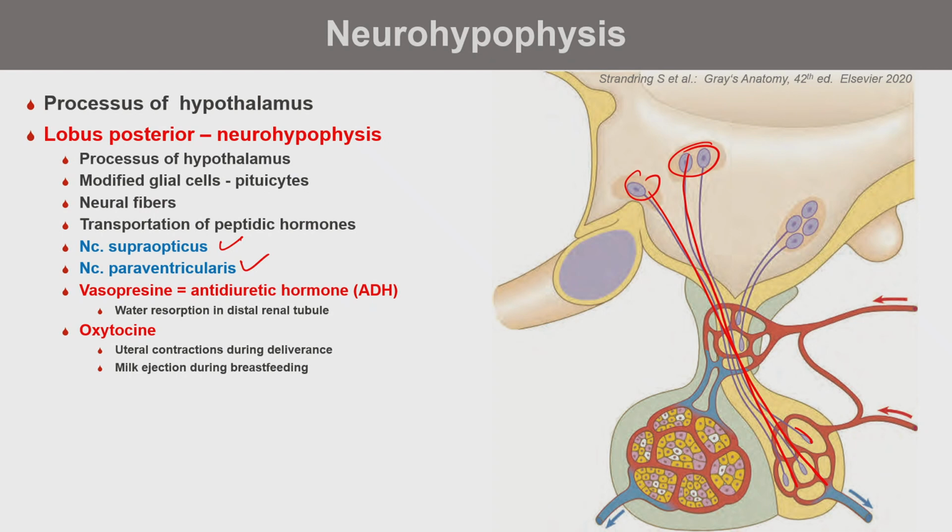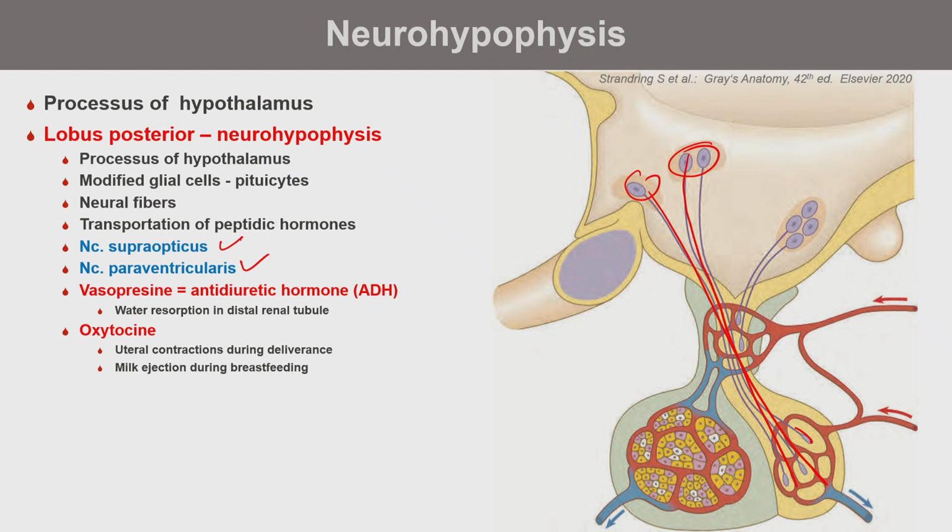It is a part of the circumventricular organs, and they are producing vasopressin, so antidiuretic hormone, which has important influence on the resorption of water in the distal tubule of the nephron.